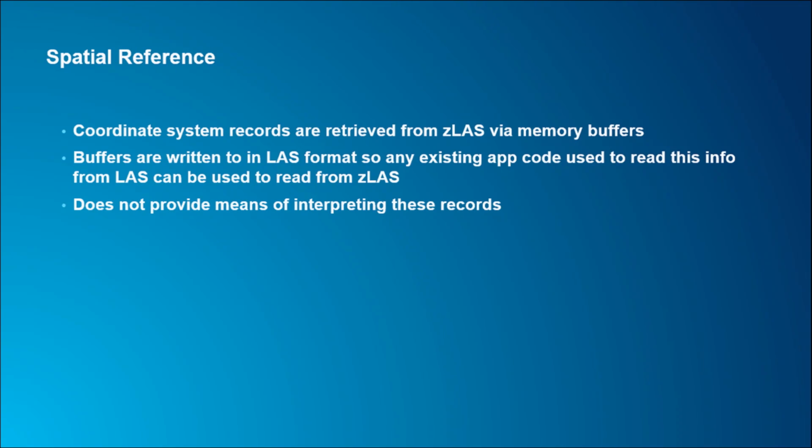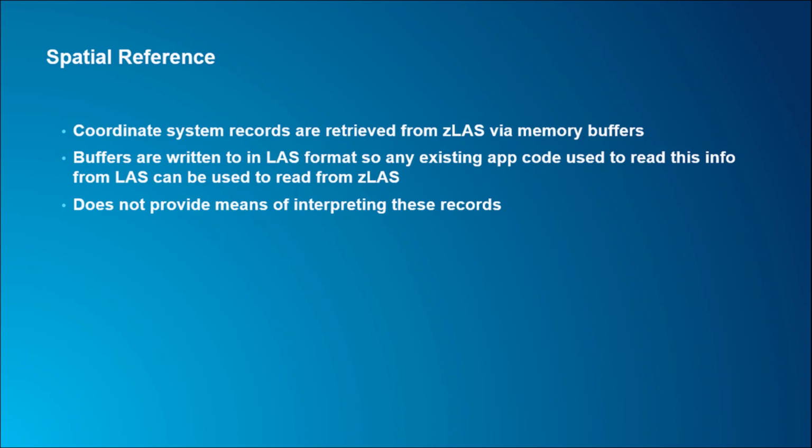Spatial reference, this is a kind of interesting and tricky part with LAS. Actually, we see many LAS files do not have proper spatial reference information in them. It's a weakness in the spec to some degree, particularly up until 1.4, because they use GeoTIFF format records to store the spatial reference information in the LAS file. So that does get kind of tricky.